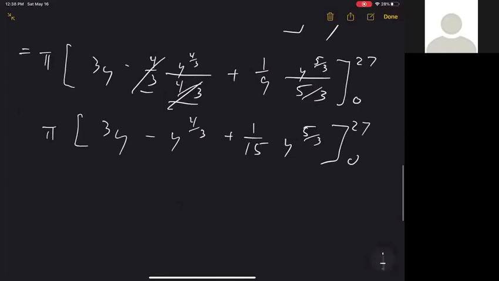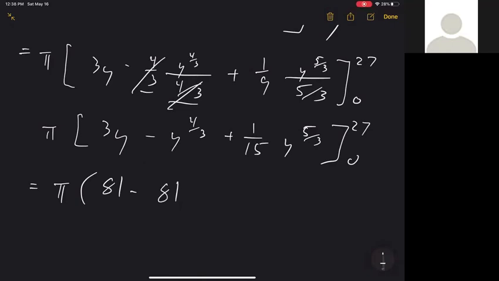Now plugging in my bounds, 3 times 27, that should be 81, minus 3 to the power 4, that should be 81 as well.